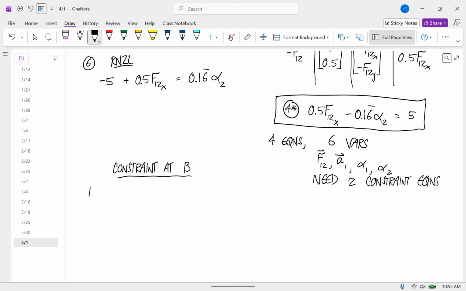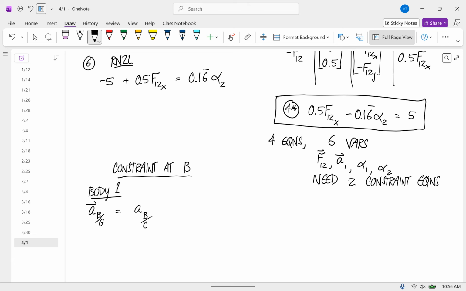So I'll start with body 1. How are we going to express the acceleration of the point B on body 1? Well, we don't have a fixed point, so we're going to have to use the relative motion equations. So we're going to say that the acceleration of B relative to the ground is equal to the acceleration of B relative to what point?